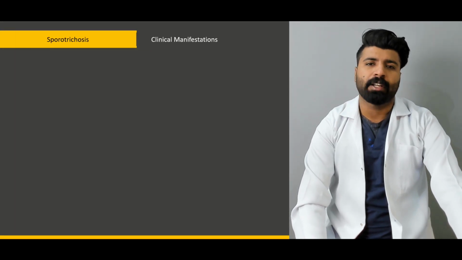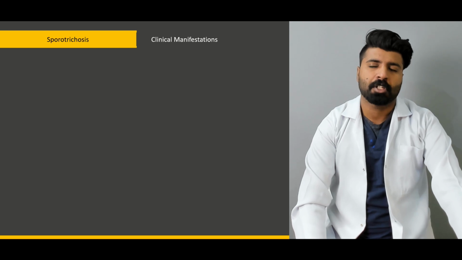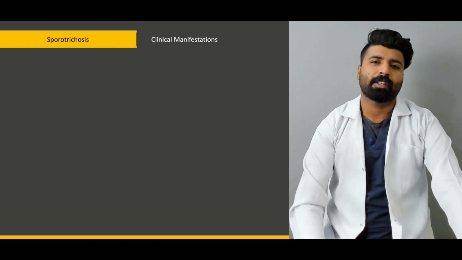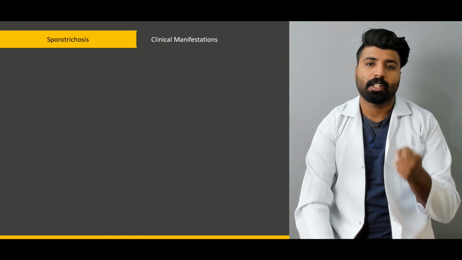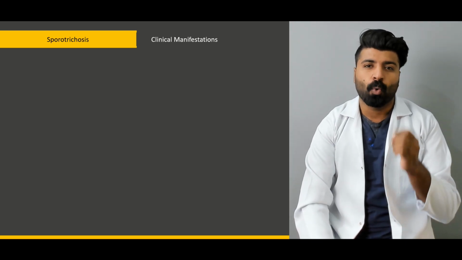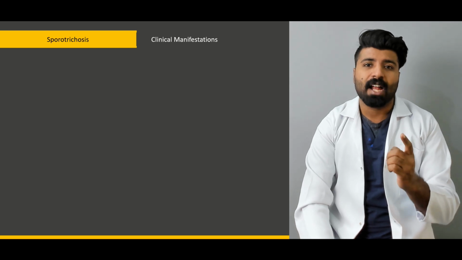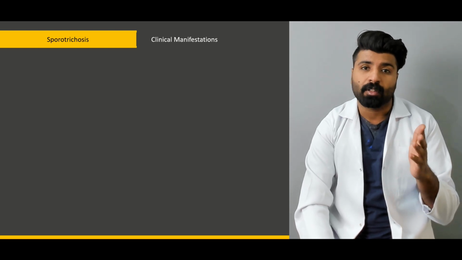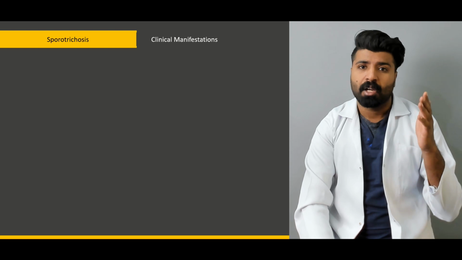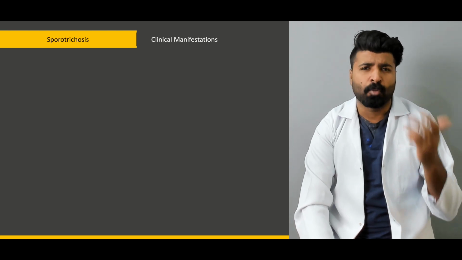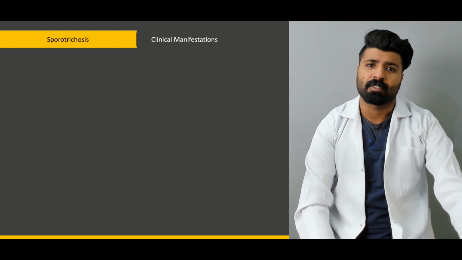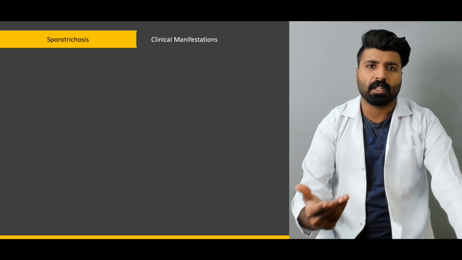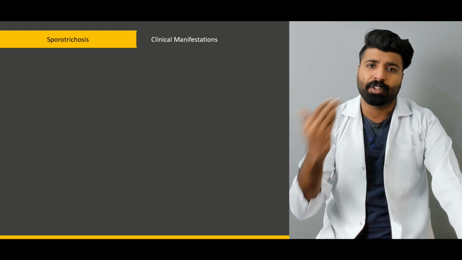So what are the clinical manifestations like? Just think about it. The clinical manifestations are definitely going to depend upon only one thing. And what is that? What system is being involved? It's either skin manifestation, bone manifestation, or lung manifestation. If it's affecting your lungs, the clinical manifestations will be according to that.